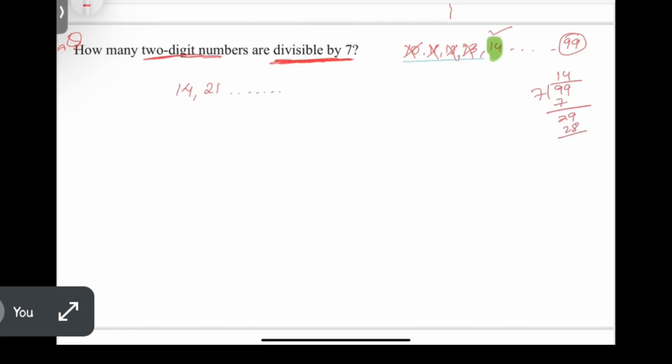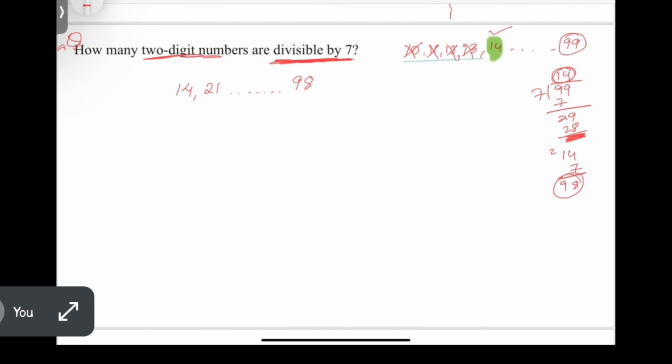So 7 fours are 28, 2 in hand, 7 ones are 7, 8, 9, 98 here. You just divide and check, and you'll get some remainder definitely. I'm checking 7 into 14, and I'm getting 98. So the greatest two-digit number that is divisible by 7 is nothing but 98.